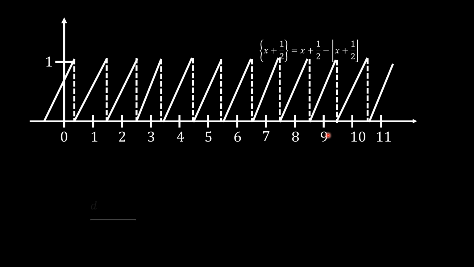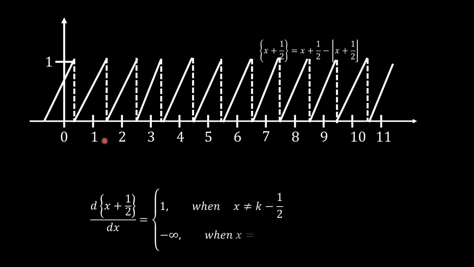So what is the derivative? The derivative of this sawtooth function, or the derivative of the fractional part of x plus a half, is a line of gradient 1, but when x equals k minus a half, at these points here, the gradient is negative infinity in a way, because the change is negative 1 but it's within a delta x of 0.